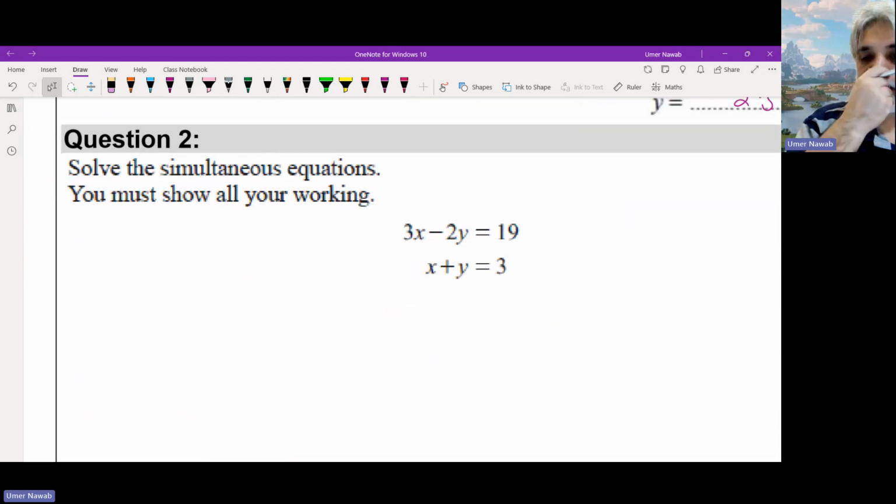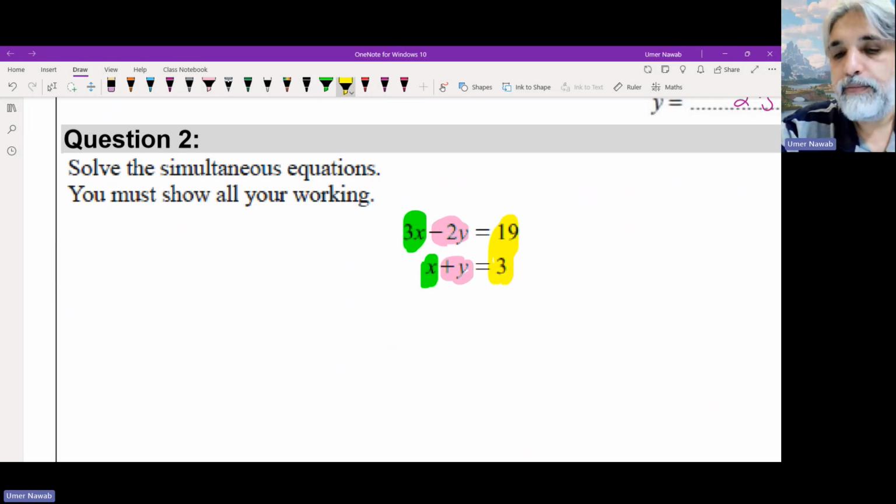Question number 2, guys. I have x under x, y under y, and constants on the other side. It means the simultaneous equations are in standard form. Now, to use the elimination method, I have to cancel either x or y.